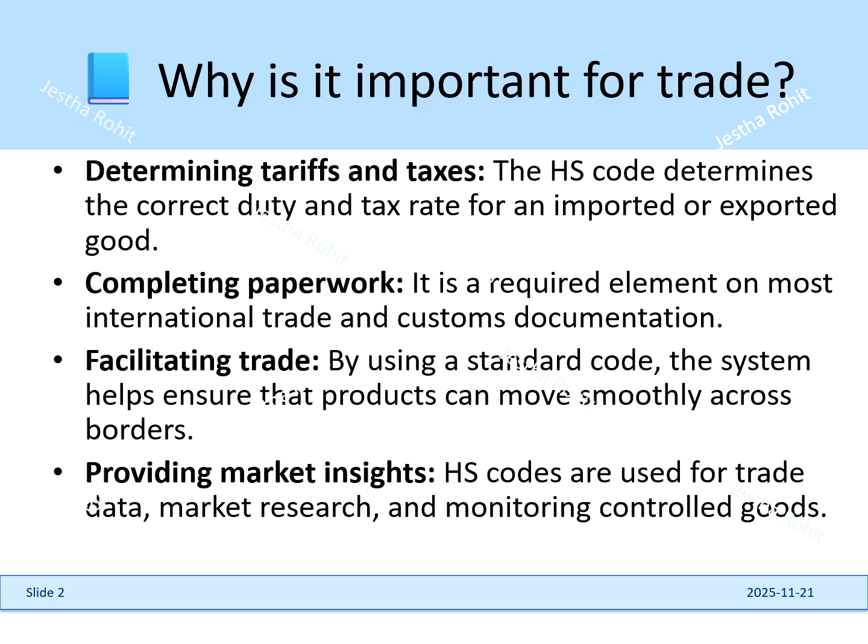Facilitating trade: by using a standard code, the system helps ensure that products can move smoothly across borders. Providing market insights: HS codes are used for trade data, market research, and monitoring controls.